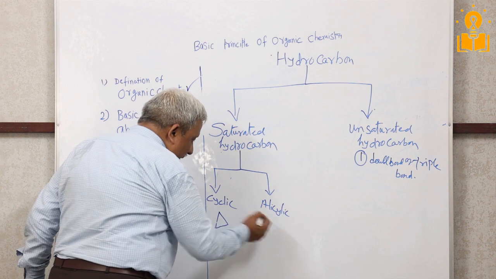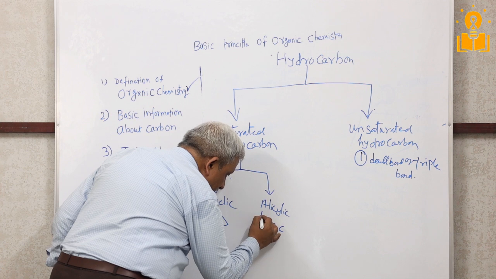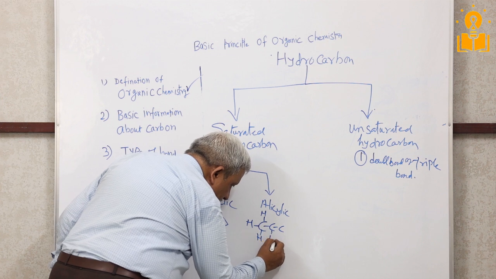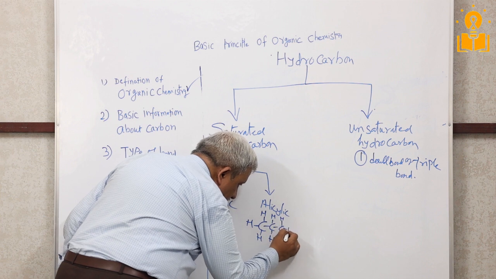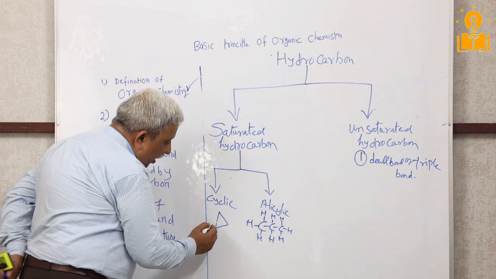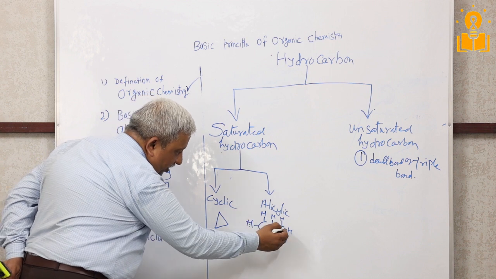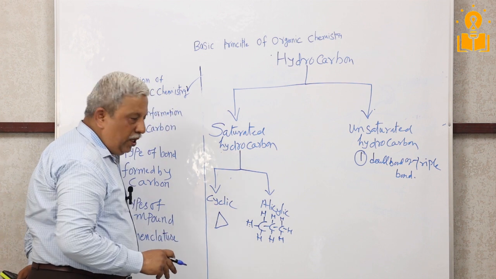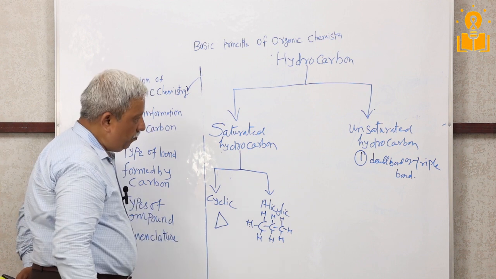And in the same compound, if I write like this, see the difference here. Here both this end and this end are open for bonding, but here it is closed. All things are closed. So this is cyclic and this is alicyclic or open chain compound.